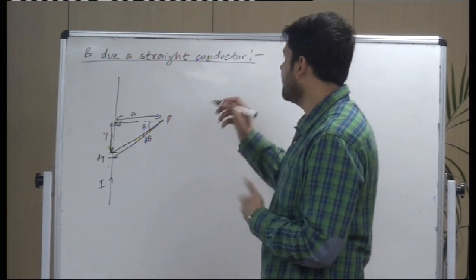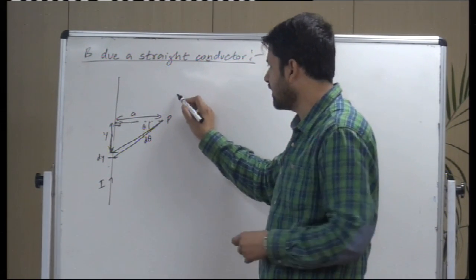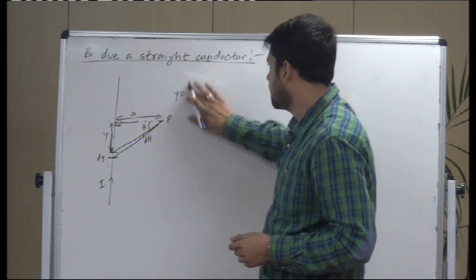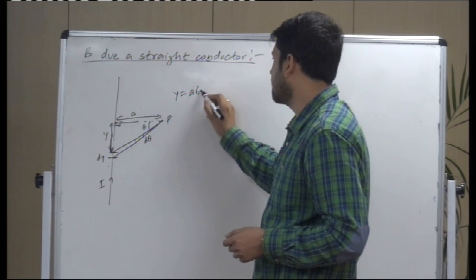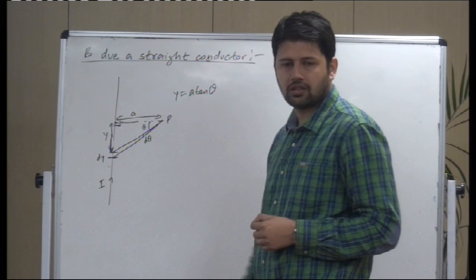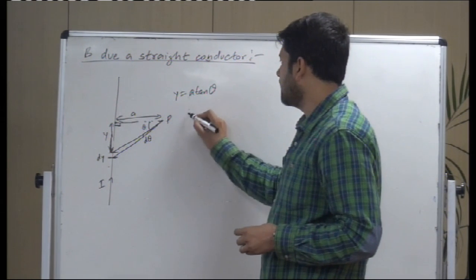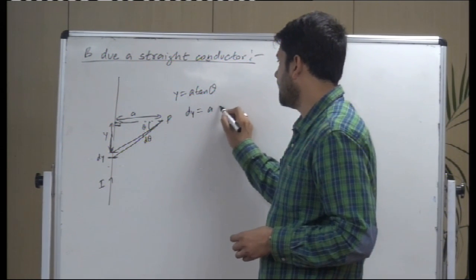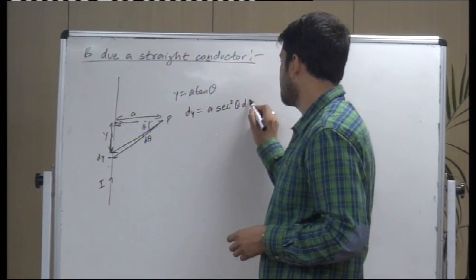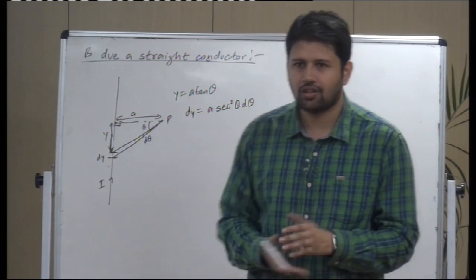So you already know that in this triangle I can say y is a tan theta, right? And dy would be how much? a secant square theta d theta. We can actually prove this also.